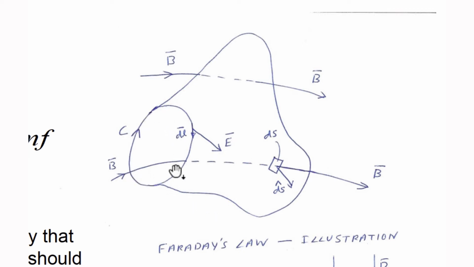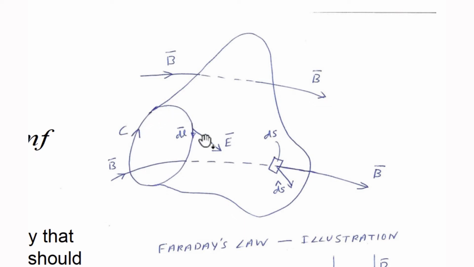This is the open side. Now there is a magnetic flux density vector field B, and there is an electric field vector field E, the electric field intensity.